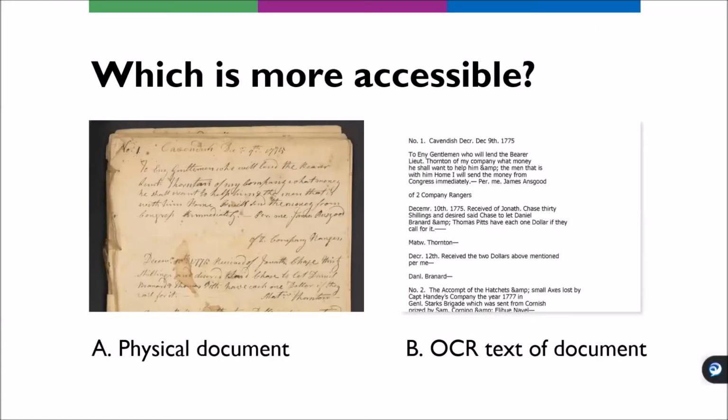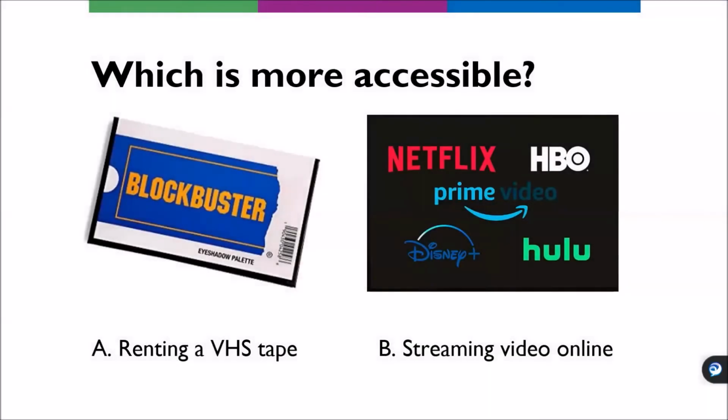A, a physical document, or B, an OCR text version of that document? This one's about 50-50. Lots of A's, lots of B's. And the last one, A, a VHS tape, or B, streaming a video online? This one's unanimous. Okay, great. Thank you all for participating in that.